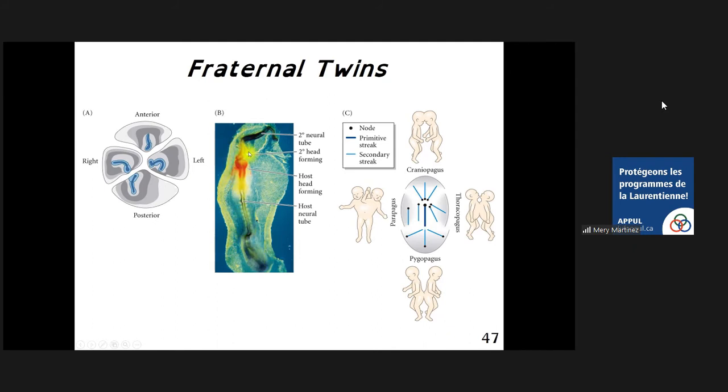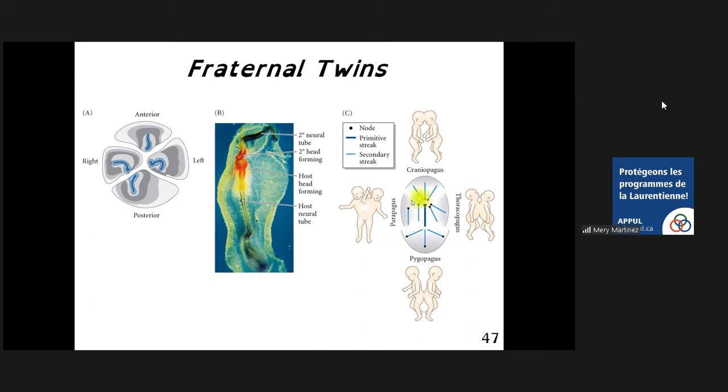Because there was a tear at the level where nodal is, we have a second axis forming. C shows what could explain the occurrence of conjoined twins, where 2 areas of the margin producing nodal are present.